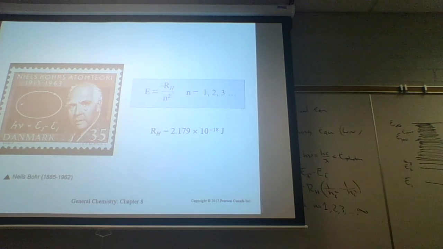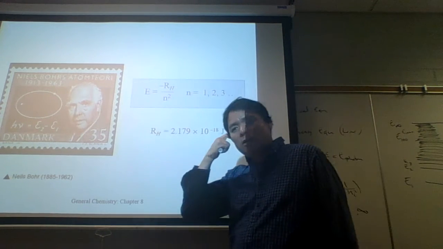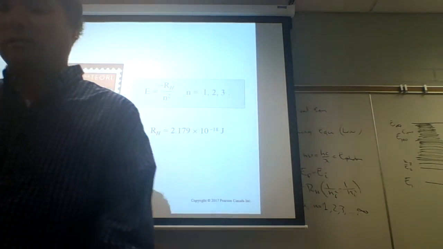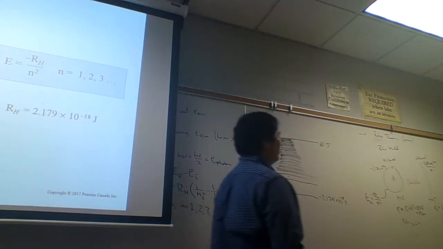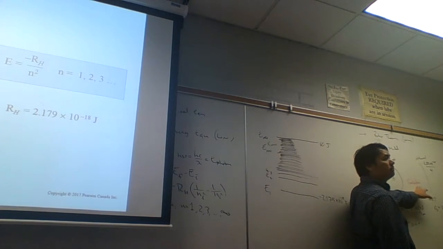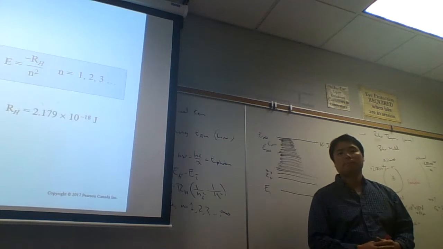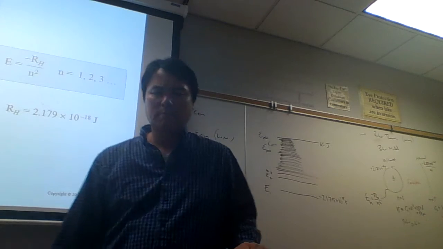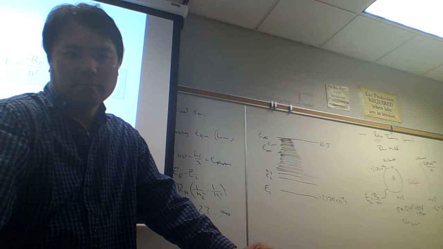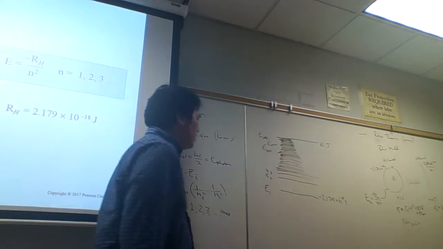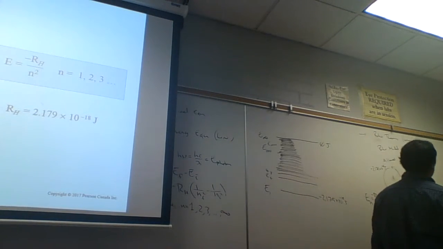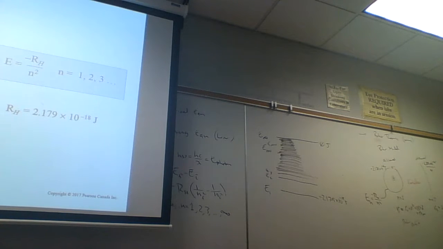So the question comes up, why are there forbidden energies? Why can't the electron orbit here in this forbidden area? And what was the reason for that? Well, the reason was that it can't.